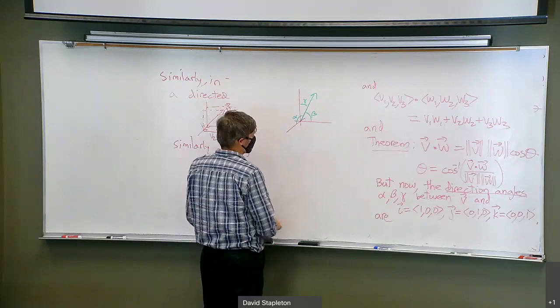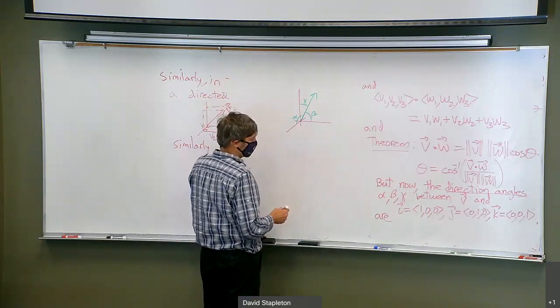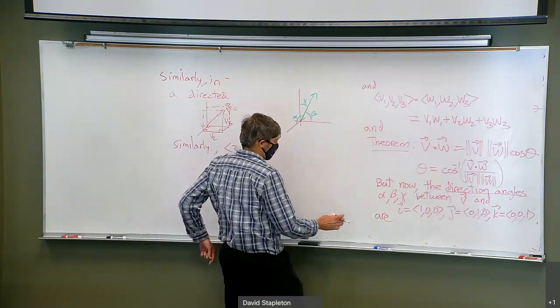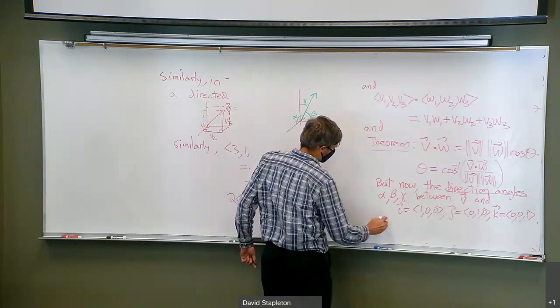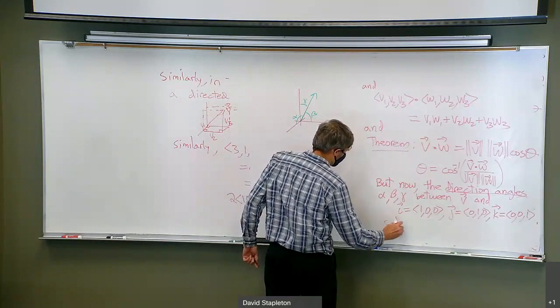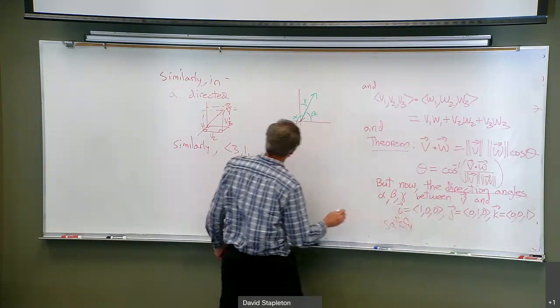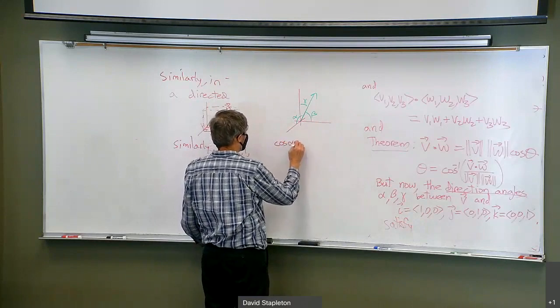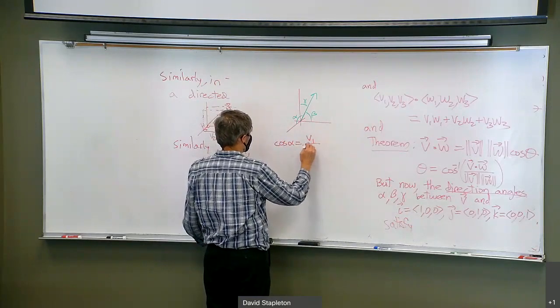The direction angles, in fact, satisfy, and then you can take the arc cosine to find them. It's easier just to remember the cosine. The cosine of alpha is just the first component of v over its length.